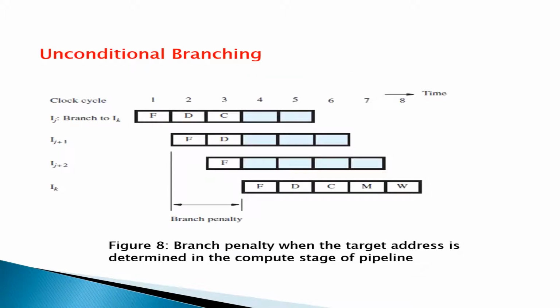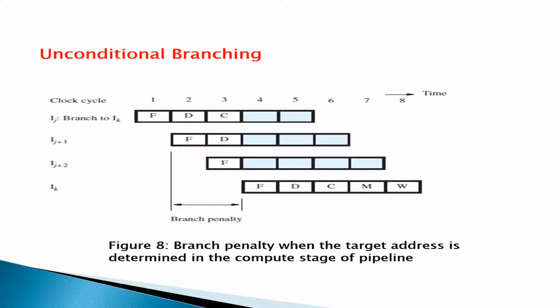Consider an unconditional branch instruction Ij, followed by instructions Ij+1 and Ij+2, with the target of the branch at Ik. The branch instruction is fetched in cycle 1 and decoded in cycle 2, and the target address is computed in cycle 3. But meanwhile, in cycles 2 and 3, instructions Ij+1 and Ij+2 are fetched respectively.